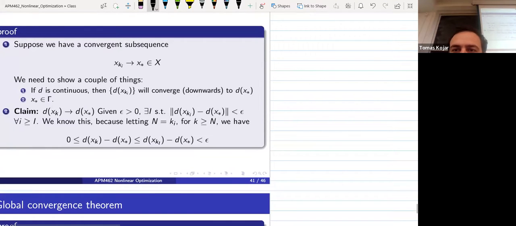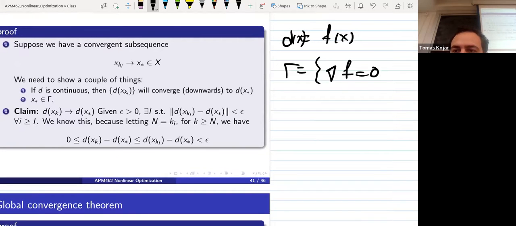I know it's hard to visualize, so pretend D is our usual f of x, and take gamma in your head, even though this is general, to be the stationary points.